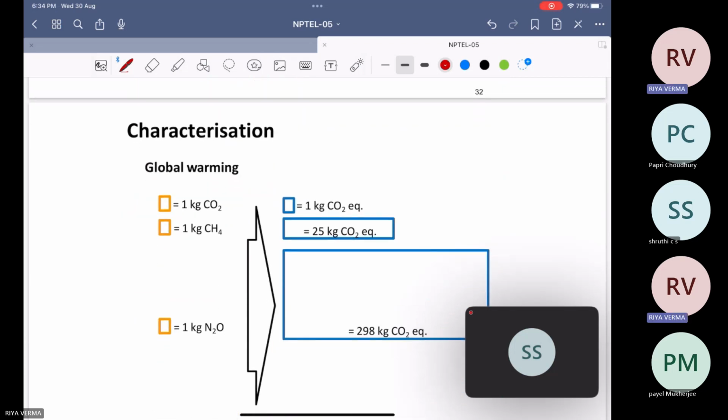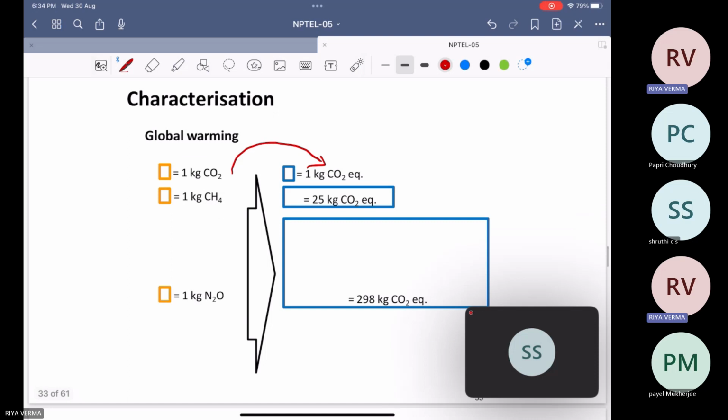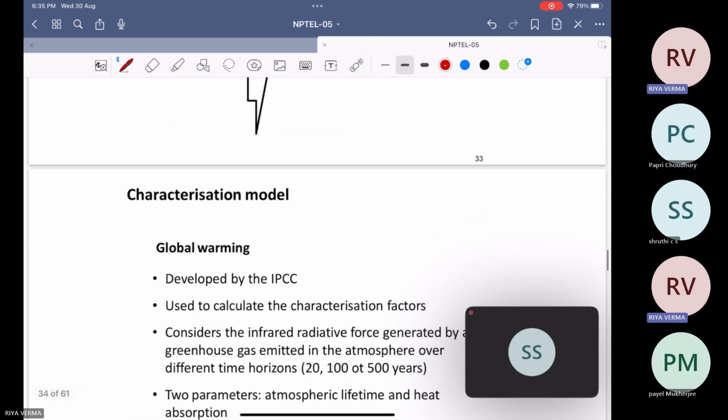Similarly, the characterization here involves, for global warming, having information about all the gases that cause global warming, and then we compare them to a single factor, that is CO2 equivalent. We sum this all and find out the total CO2 equivalent caused by the emission of all these gases.